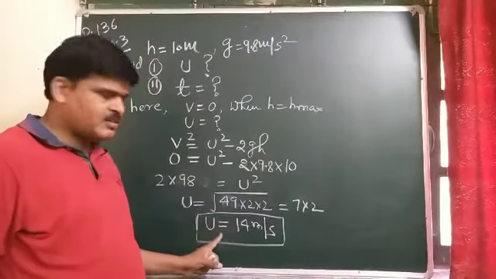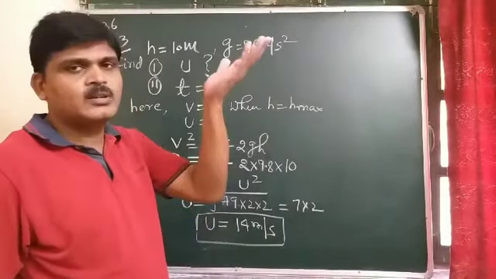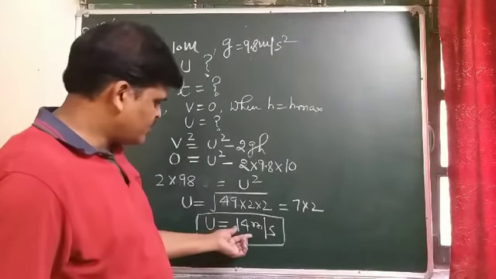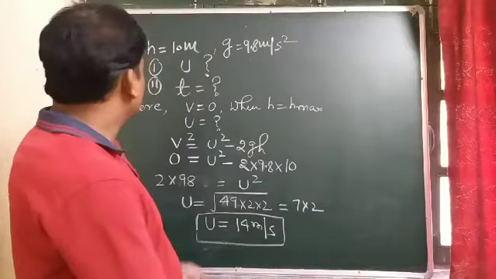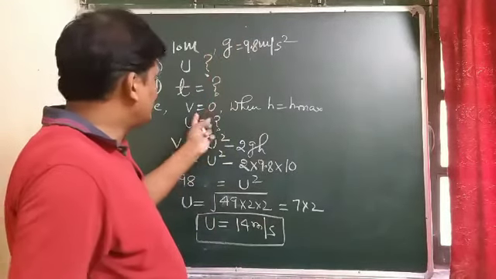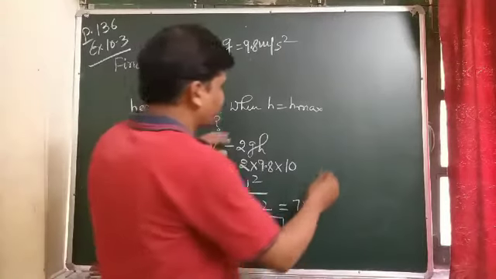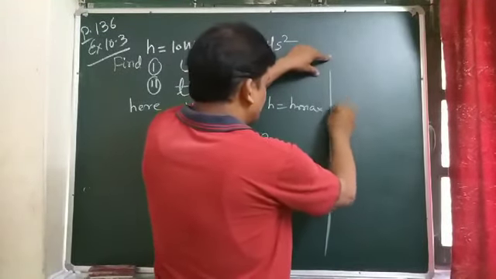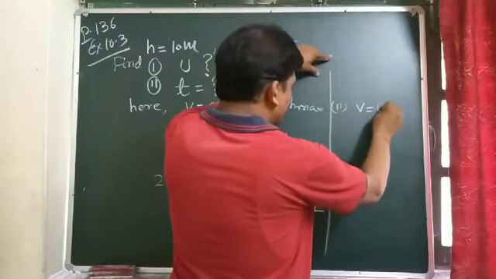So the initial velocity with which it is thrown vertically upward comes out to be 14 meter per second. And we have to find the time taken by the object to reach maximum height. So use the second equation, v equal to u minus gt.